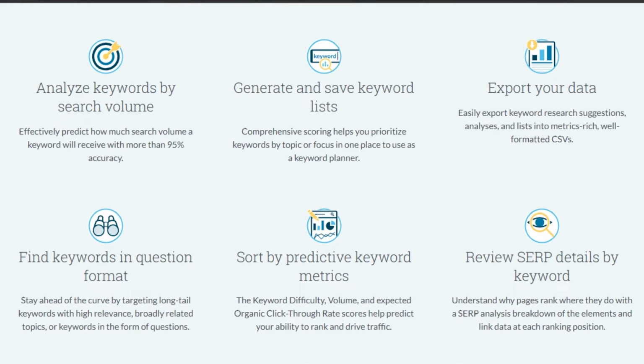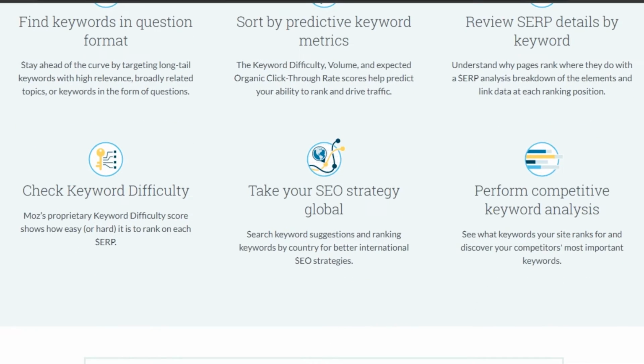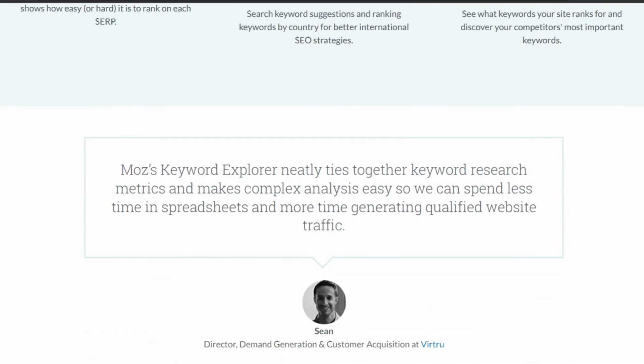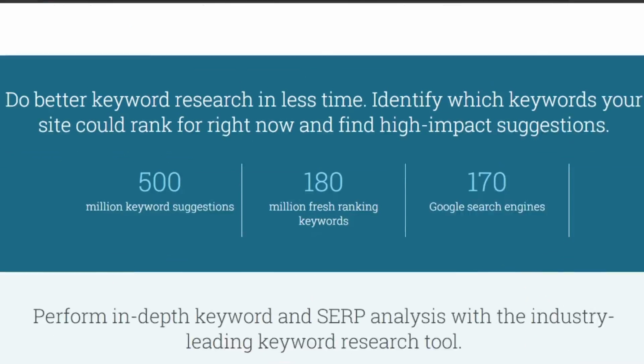You can analyze the keyword by search volume, you can generate and save keyword lists, you can export your data, find keywords in question format as well, sort by predictive keyword metrics, preview SERP details by keywords too. You can also check the keyword difficulty, take your SEO strategy global, and perform competitive keyword analysis. So these are the different features we are getting with Moz.